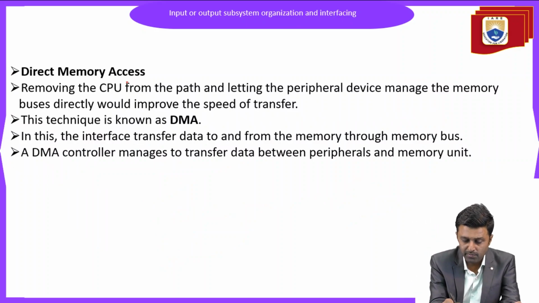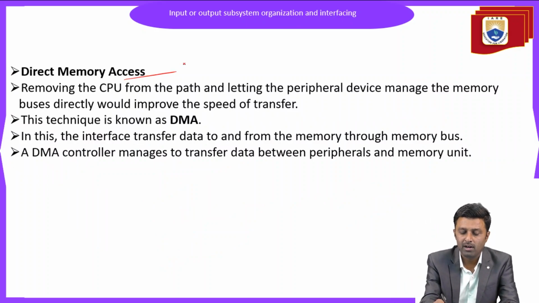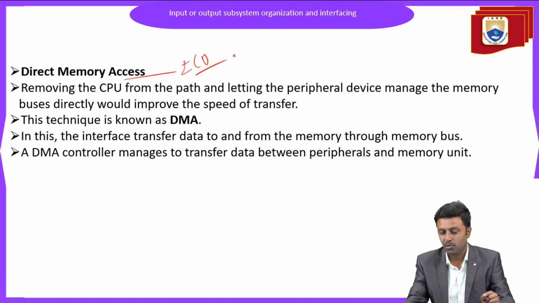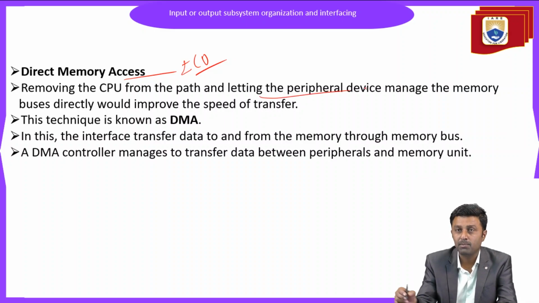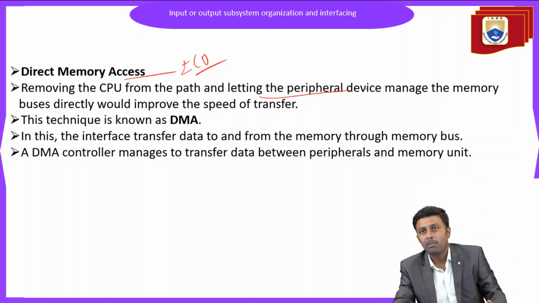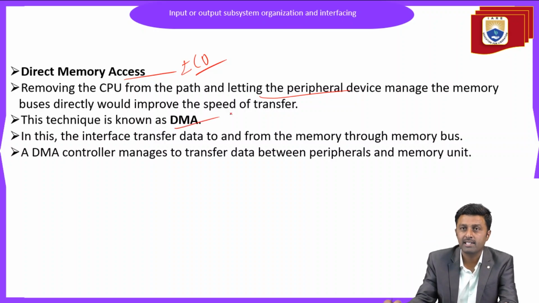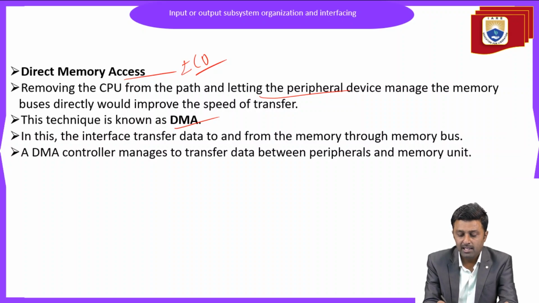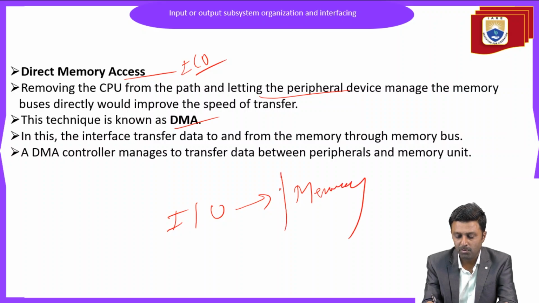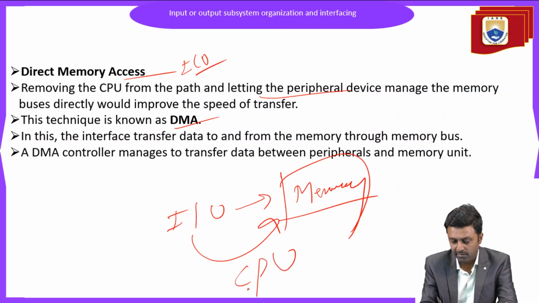This IO technique is popularly used in computer architecture design, removing the intervention of the CPU and letting the peripheral devices manage the memory buses directly, to improve the speed of the transfer. So we call this technique direct memory access. As the name itself indicates, the input and output devices will be directly connected or given access to the memory for data transfer without the intervention of the CPU.